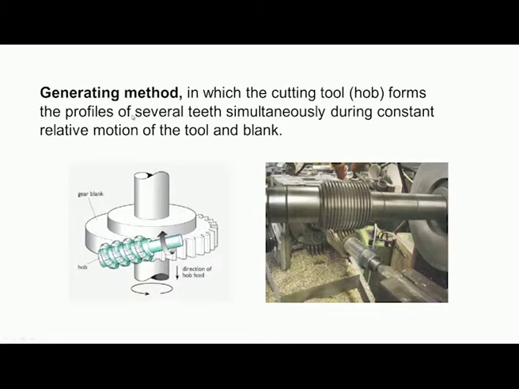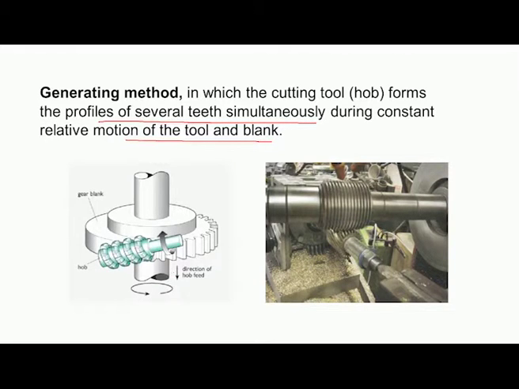Now, the second method of machining is the generating method, in which the cutting tool forms the profiles of several teeth simultaneously. So, in this case several teeth are cut simultaneously during constant relative motion of tool and blank.